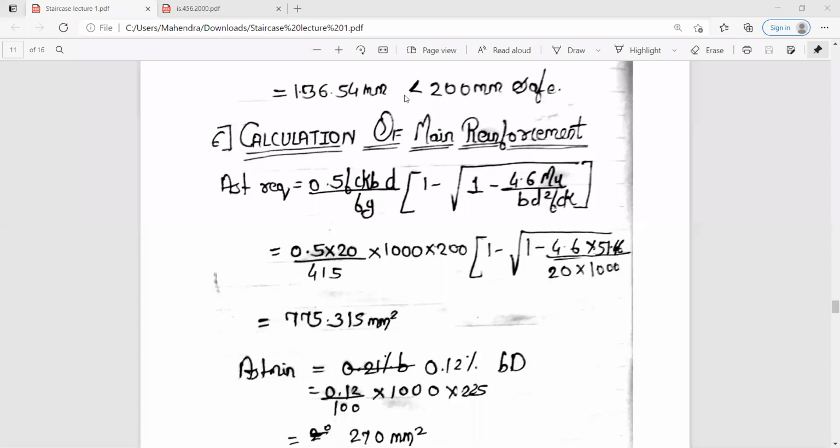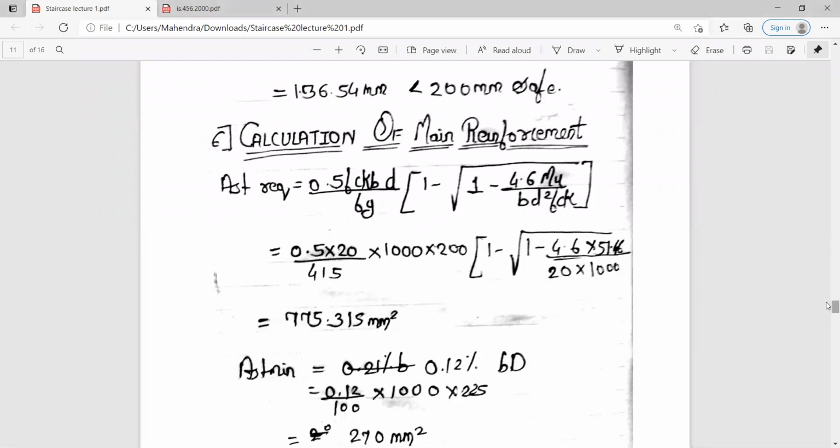Yes, everyone has done the AST required. Everyone got the value, that is 775.31. Okay.